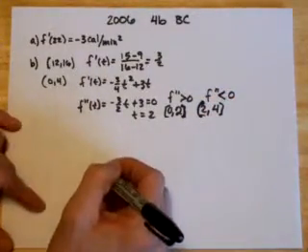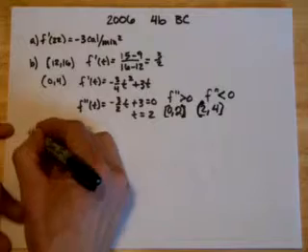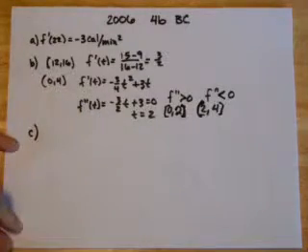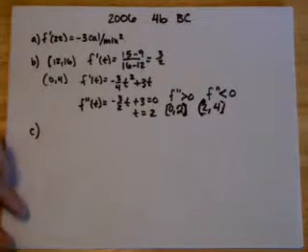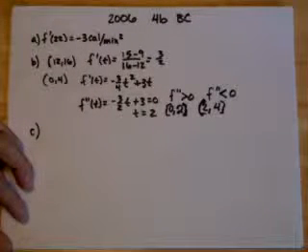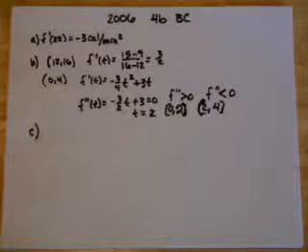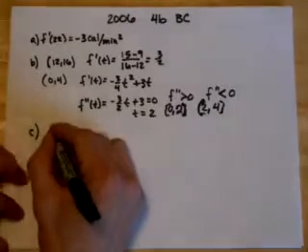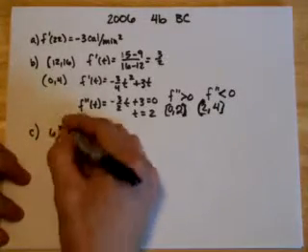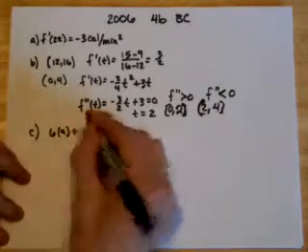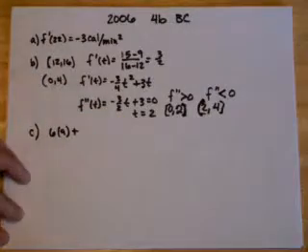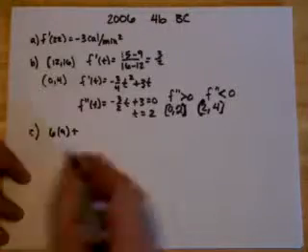Okay, so C says find the total number of calories burned over the time interval 6 to 18. Okay, so 6 to 18 is kind of an odd grouping, but 6 to 12 is all a flat line. So that's a width of 6 and a height of 9, or 6 times 9, plus the next section's a trapezoid from 12 to 16.